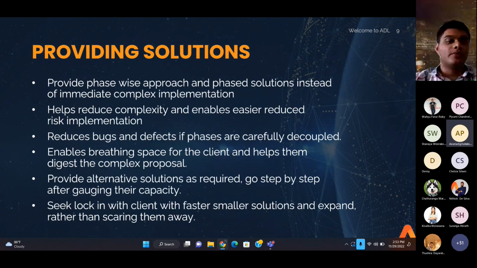So when it comes to providing solutions, we should take a phase-wise approach. That is baby steps, as we consider immediate complex implementation, and reducing complexity will help reduce risk. That means if you reduce the complexity, the implementation-level risk will be reduced.